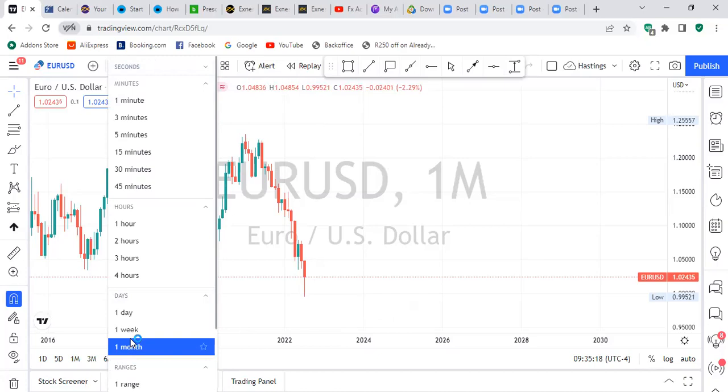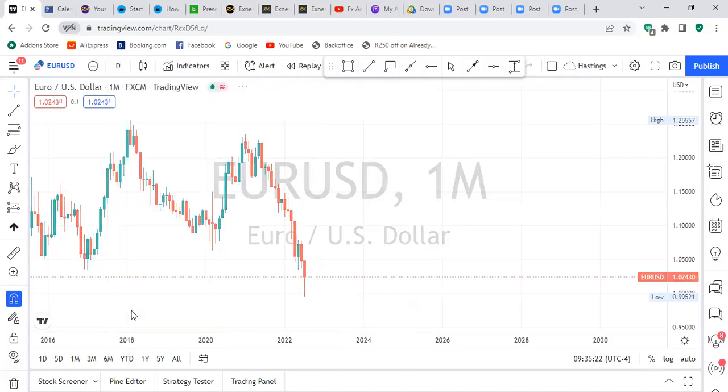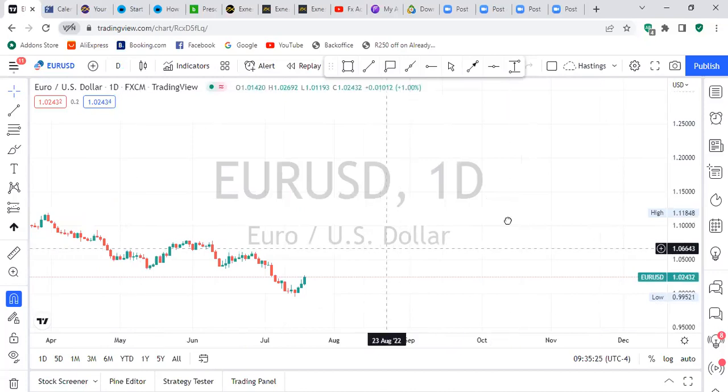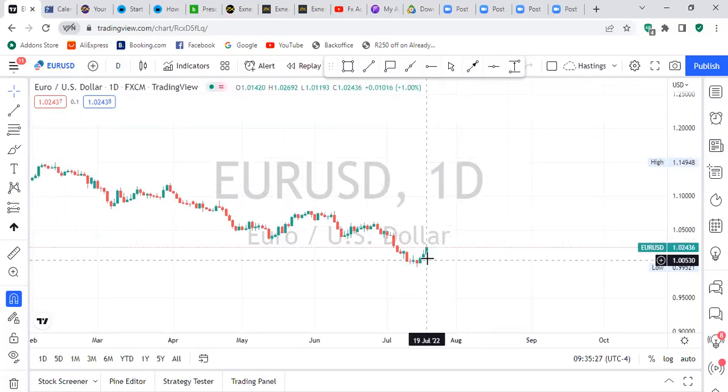From month, you come into a week. Let's just skip week and say maybe 1 day, because it's all the same. So this candle right here is the candle for today, 19 July. As you know, today's date is 19 July, right? And this previous one is for 18 July. And you also have this one for 15 July.